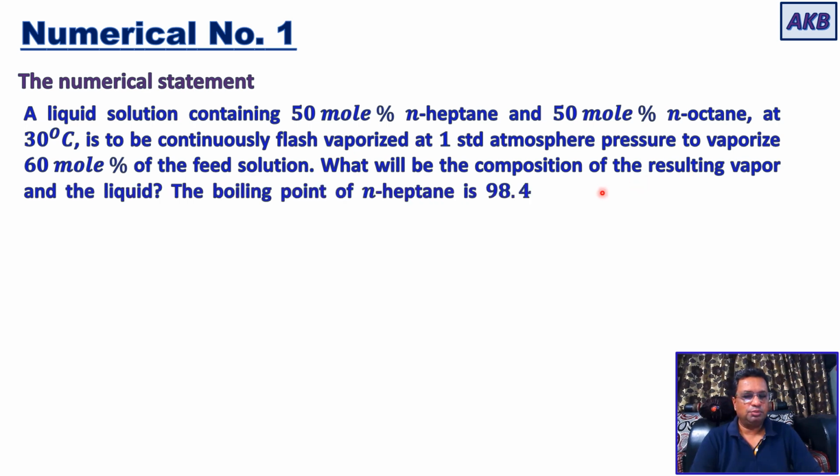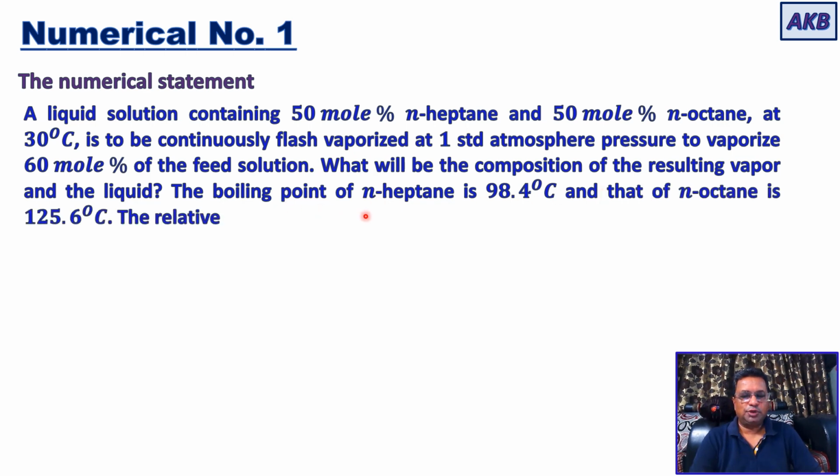What will be the composition of the resulting vapor and the liquid? The boiling point of N-heptane is 98.4 degrees Celsius, and that of N-octane is 125.6 degrees Celsius. The relative volatility for the system is 2.16.